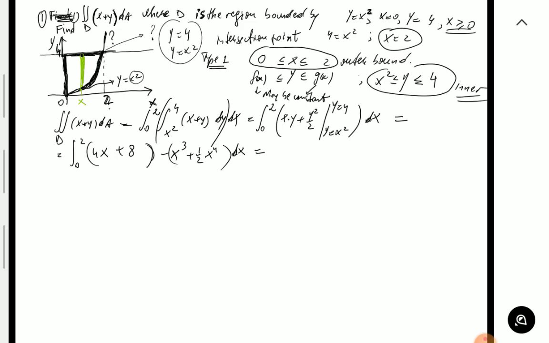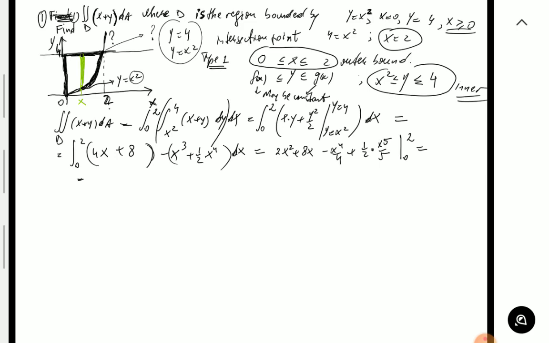Finally, now we integrate with respect to x. That's going to be 2x squared plus 8x minus x to the fourth over 4 plus 1 over 2 times x to the fifth over 5, between 0 and 2. When we plug in 0, there's nothing, so we just plug in 2.